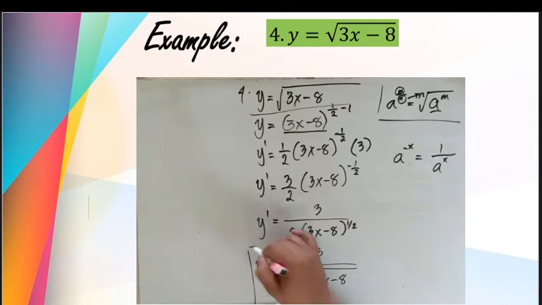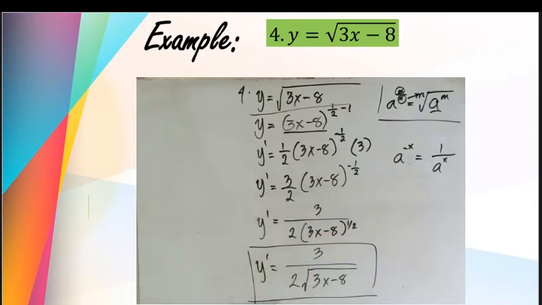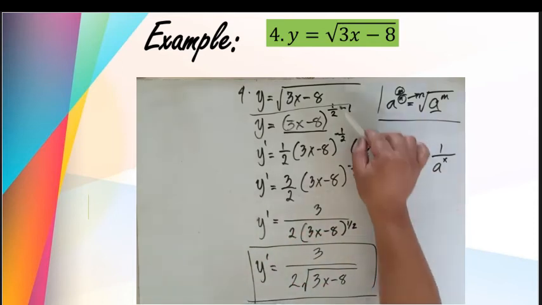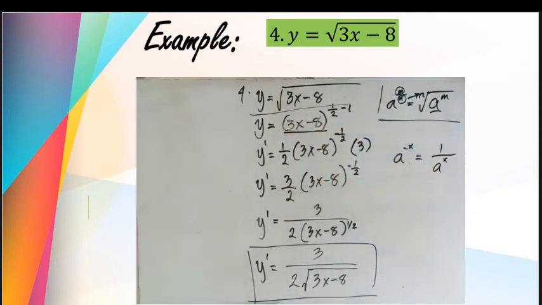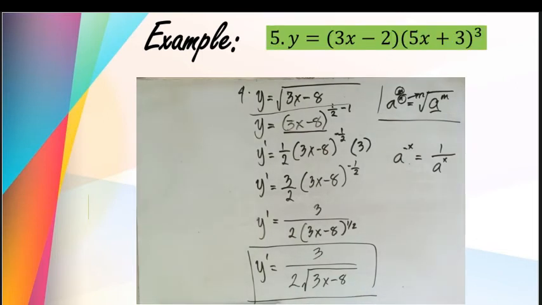So this now will be our final answer in getting the derivative of this given function. y is equal to the square root of 3x minus 8, which is equal to 3 all over 2 times the square root of 3x minus 8. Okay, let's proceed to the fifth example.